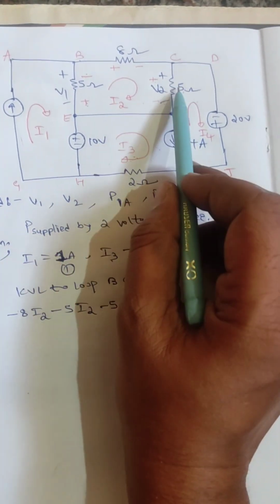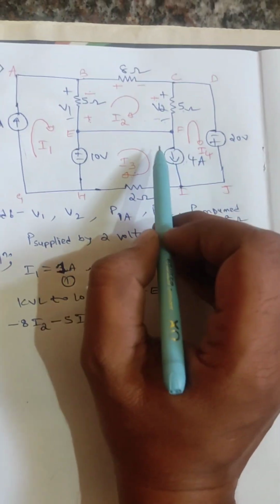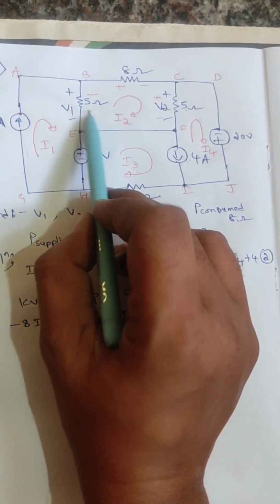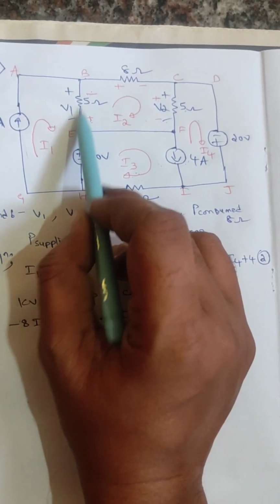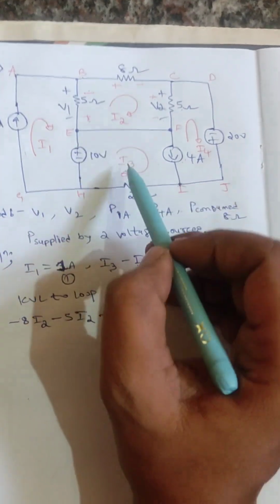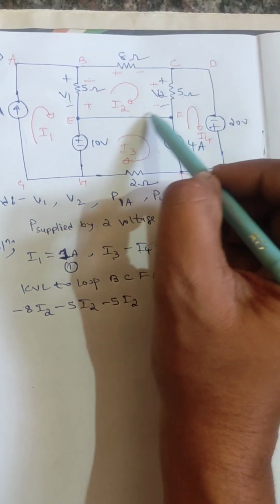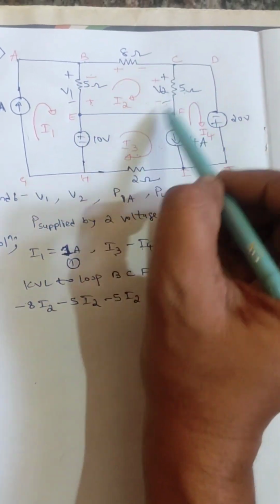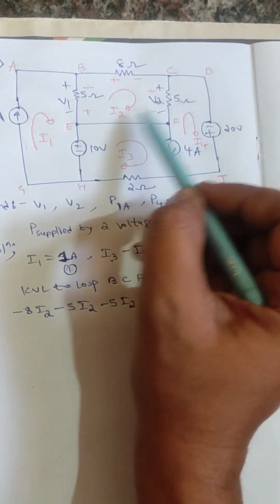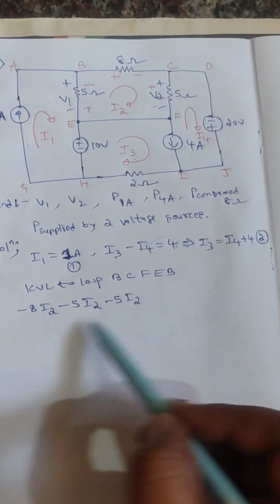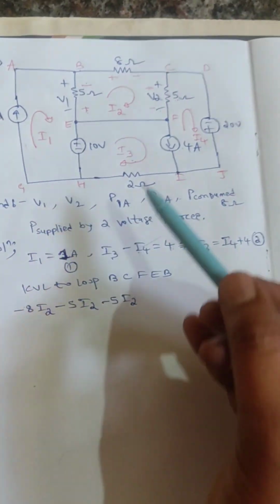Therefore this 5 ohm will carry I2 and I4 current. Similarly, this 5 ohm will carry I1 and I2 current. But I am applying KVL for this loop. First, what I have written here: in this loop the I2 current will take the potential drop of all the combination of these resistors, that is minus 8 I2, minus 5 I2, minus 5 I2. That is what I have written, but the other current I have not considered yet.